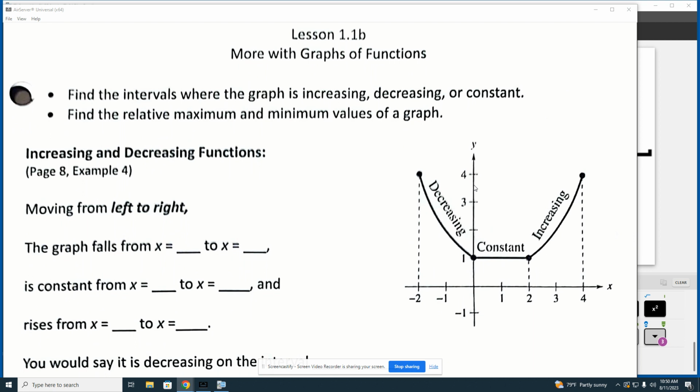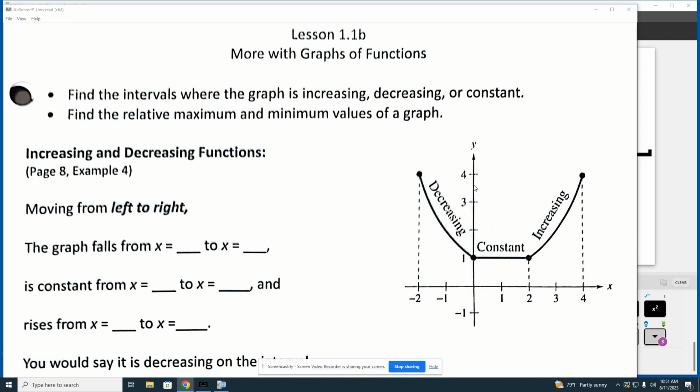Okay? Now, remember what I said about it's all about what a graph is doing from left to right? Guys, on a coordinate plane, what axis is left to right? The x-axis. And because we look at a graph from left to right, and the x-axis is left to right, when we name increasing, decreasing, and constant intervals, our focus is the x value.